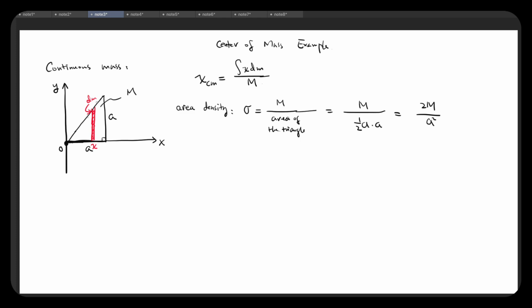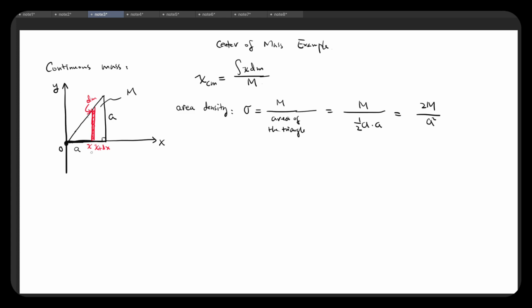Now, in order to figure out the dm, we need to figure out the area of this red stripe. The red stripe can be regarded as a rectangle. This side we know has length a, but now I'm looking at the position x to x plus dx.